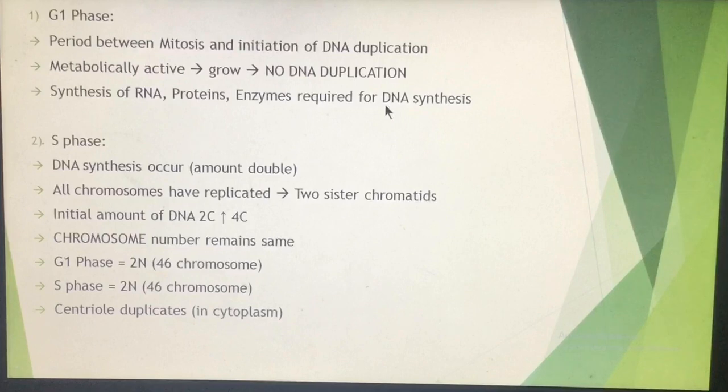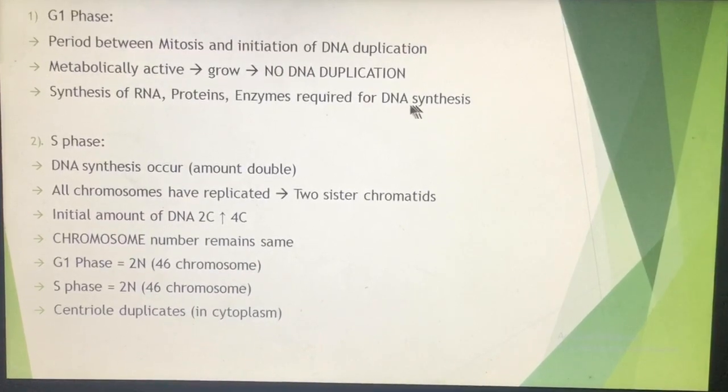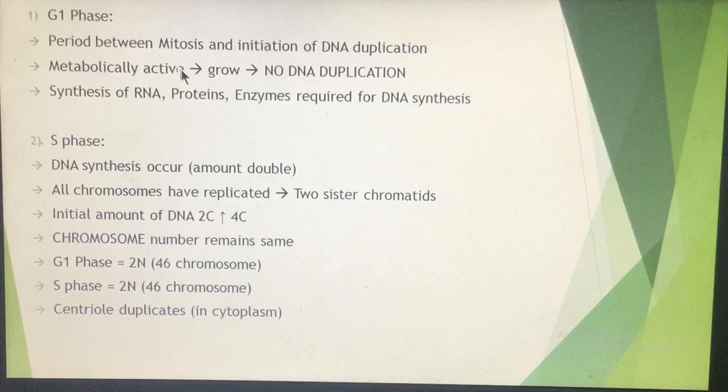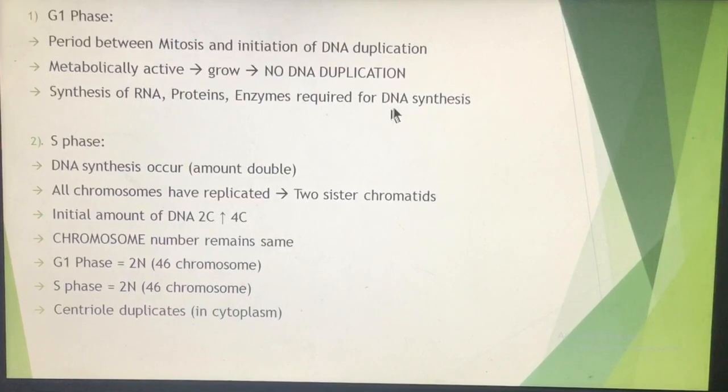DNA synthesis होता नहीं है, DNA duplication होता नहीं है, but the things which are required for the DNA synthesis, like RNA is required during DNA synthesis, proteins are required during DNA synthesis, many enzymes are associated with the DNA synthesis. So the materials which are required for the DNA synthesis are made during the G1 phase.